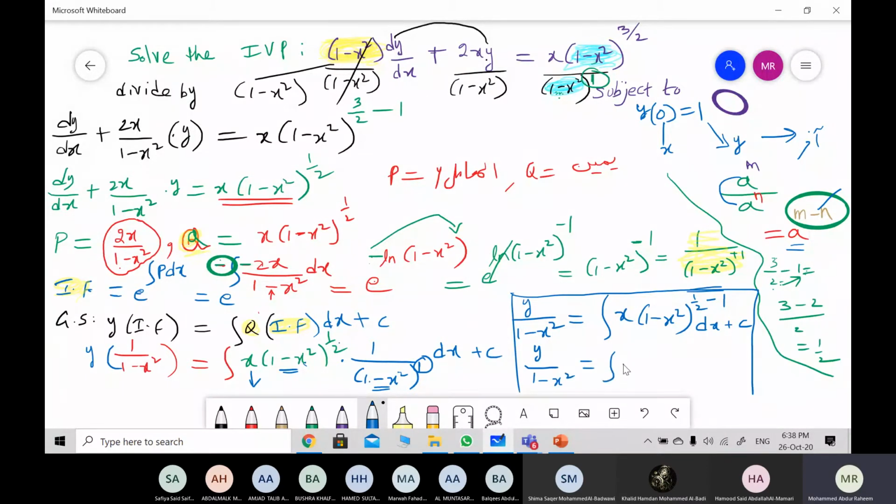This integration of x, how much will this be? Half, minus 1, minus half. Not plus.